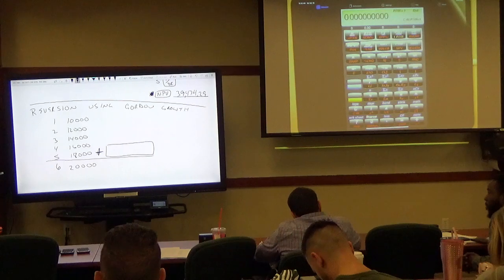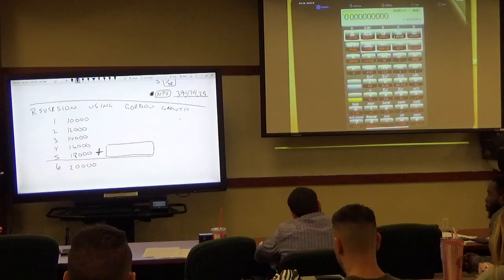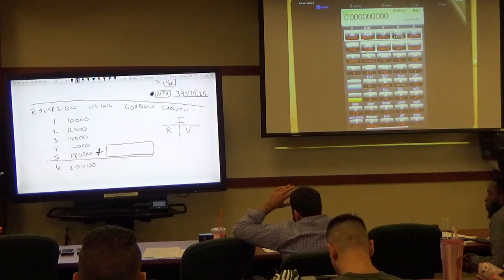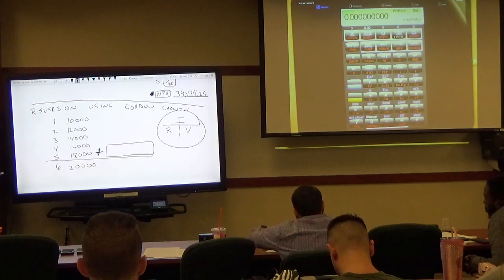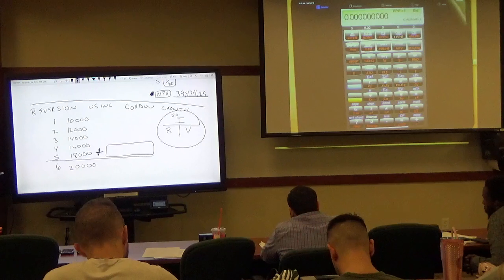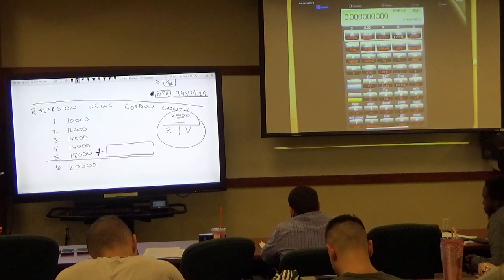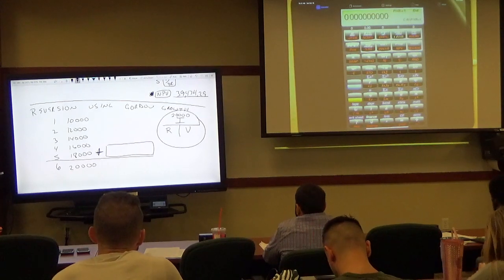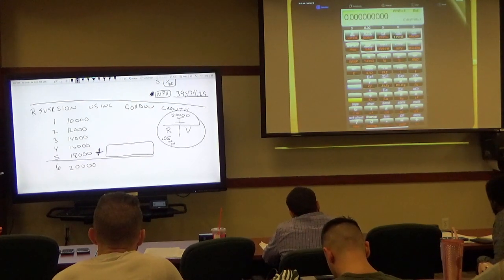Does that make sense? Okay, hold the phone. So if that's the case, then we're basically applying that same little ERV model we talked about at the very beginning, where in this case our year 6 NOI is going to be 20,000, and then we apply a cap rate to this, which once again is our discount rate minus our growth rate. Let's just say that lands on 0.05, or 5%.